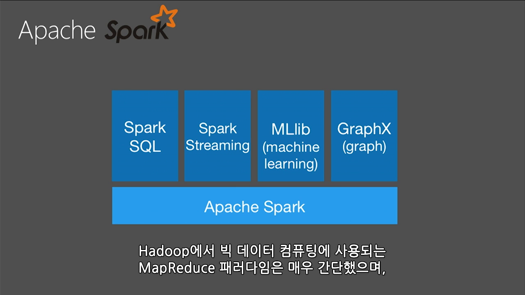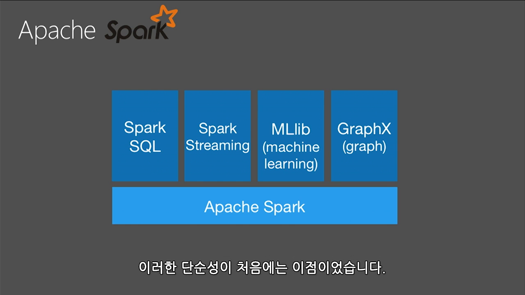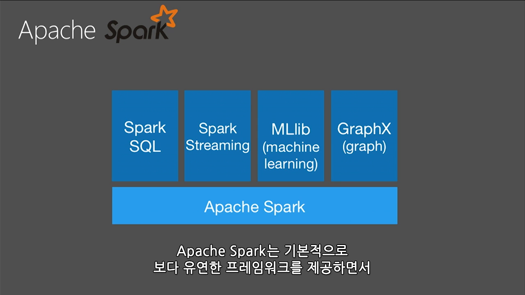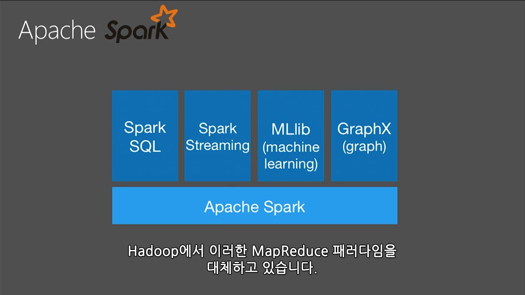In Hadoop, the MapReduce paradigm used for big data computation was fairly simple, and that was its advantage in the beginning. But as time goes, that became its liability. And Apache Spark offers a more flexible framework that now replaces this MapReduce paradigm from Hadoop.